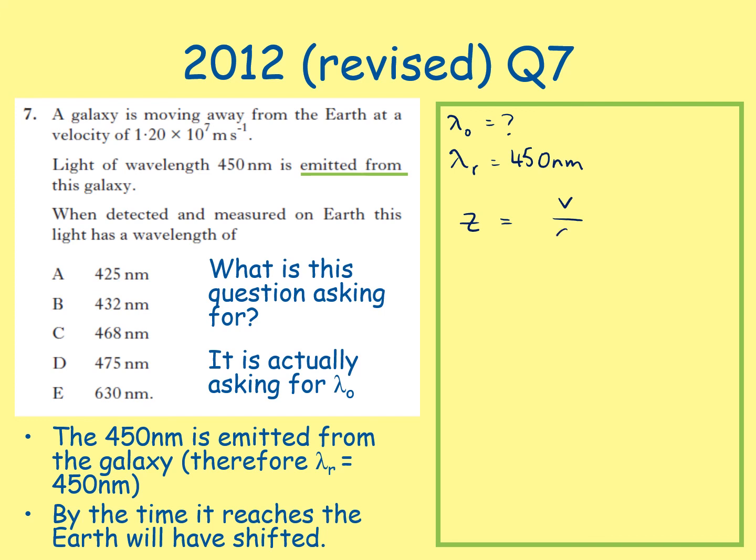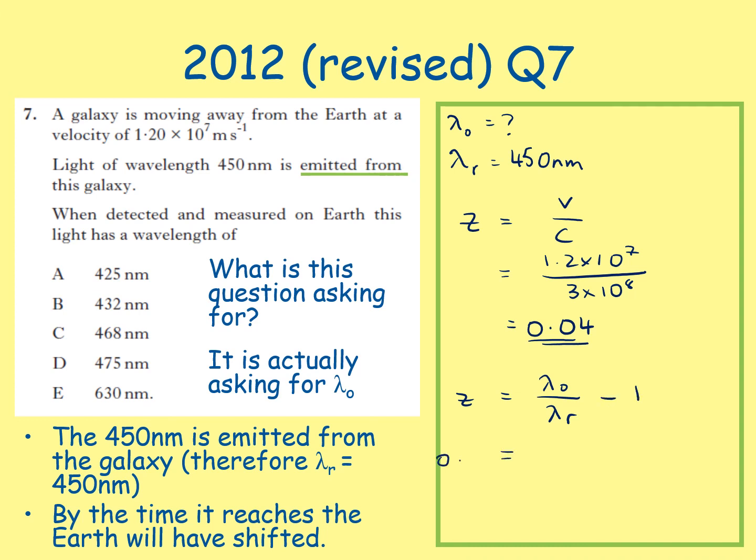z equals v over c. Our velocity is 1.2 times 10 to the 7 divided by our speed of light. And for that we get a value of 0.04. Now we can use z equals lambda O over lambda r, minus 1.